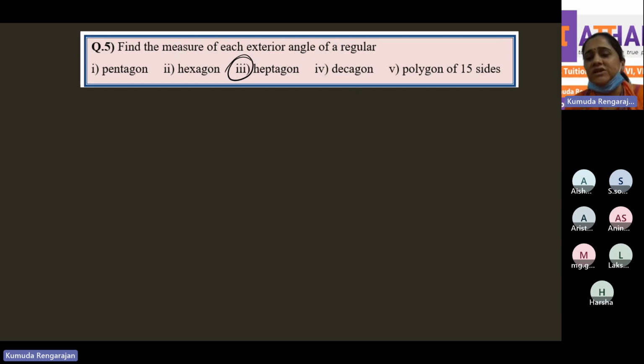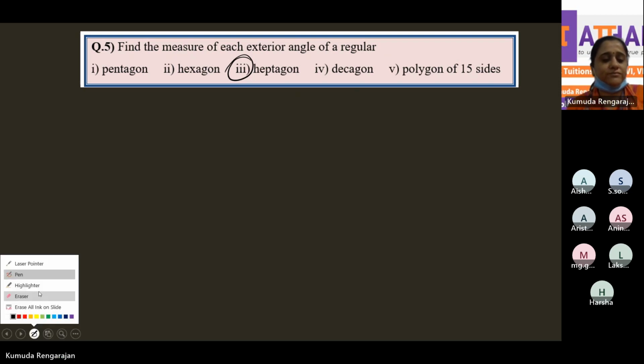So what will be the measure of each exterior angle? 360 divided by n. So for a heptagon, 7 sides, 360 by 7. You can leave it as a decimal or a mixed fraction. So 360 by n is the formula, children.